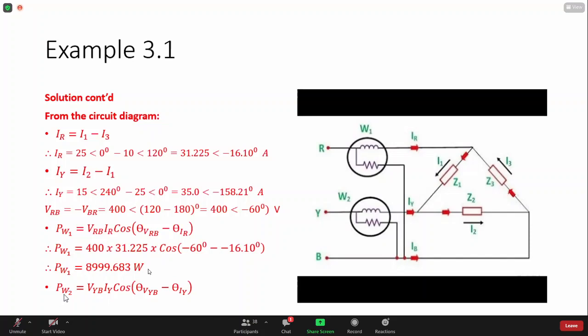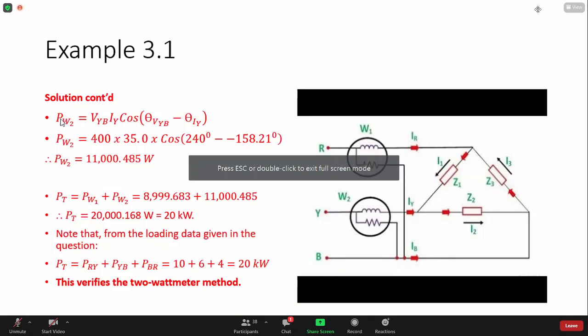So we go back to the equation that is governing its operation. So it's VYB times IY times the cosine of the angle for VYB minus the angle for IY.